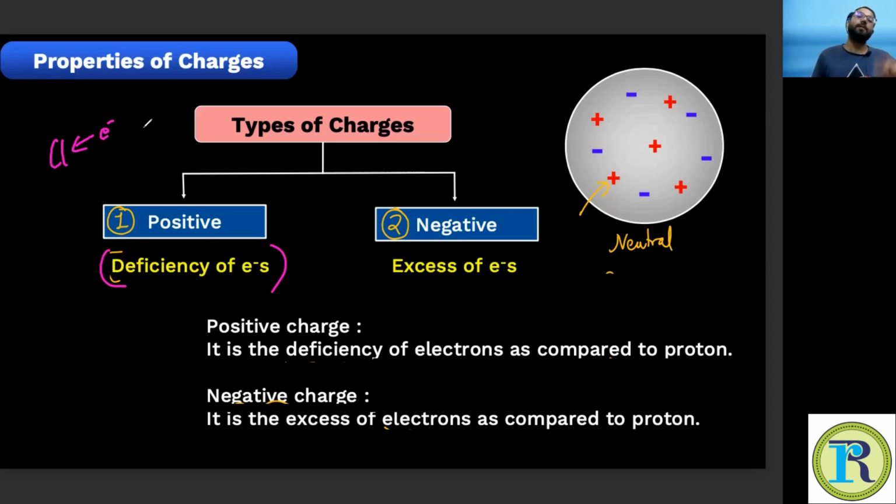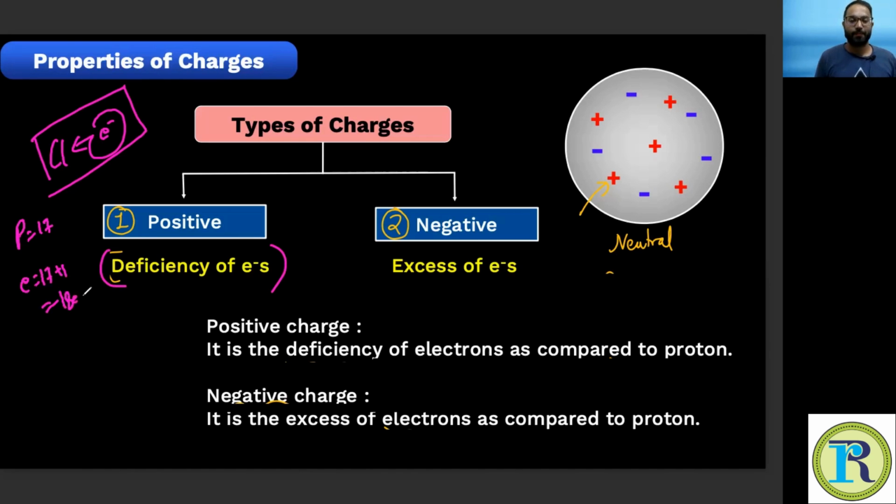In nature, chlorine doesn't actually have that extra electron, but the atom has a tendency to acquire an extra electron to get the stable configuration. When it acquires this extra electron, chlorine, which has 17 protons, will have 17 plus 1 extra electron, 18 electrons. So now you can see there is an unbalancing of charge.